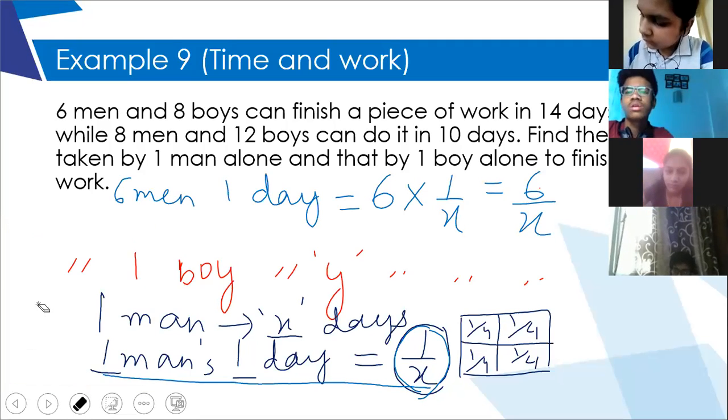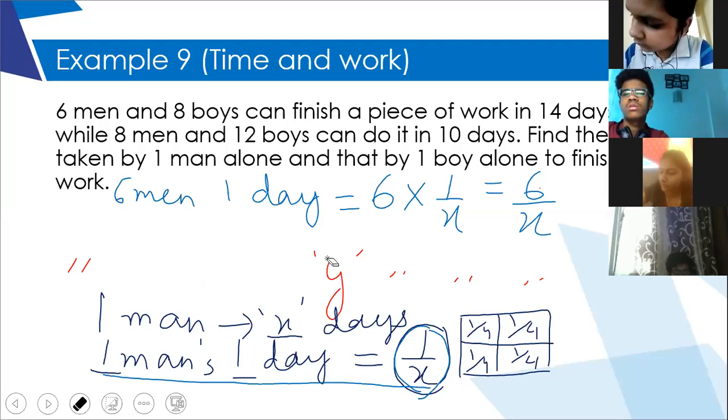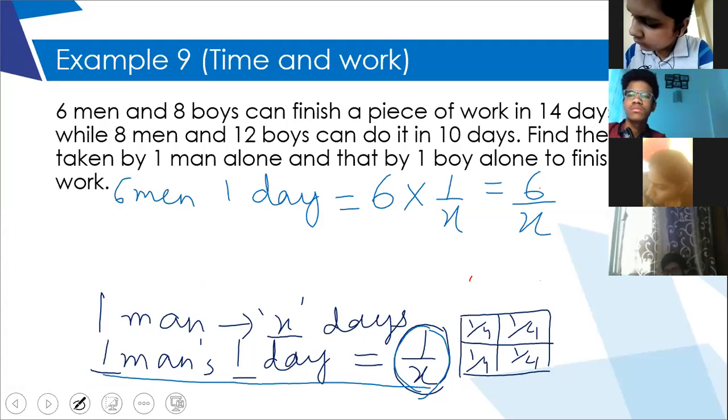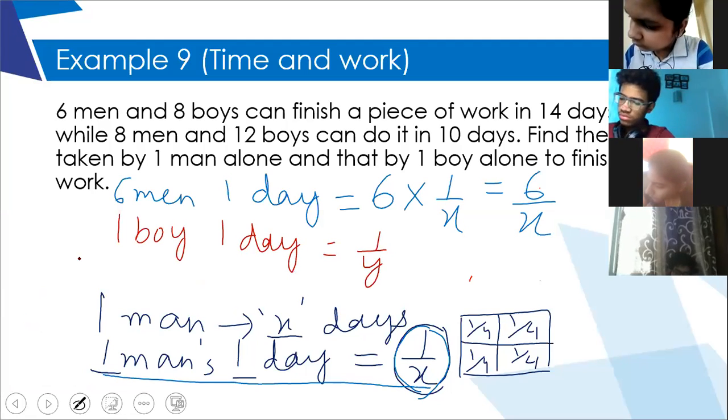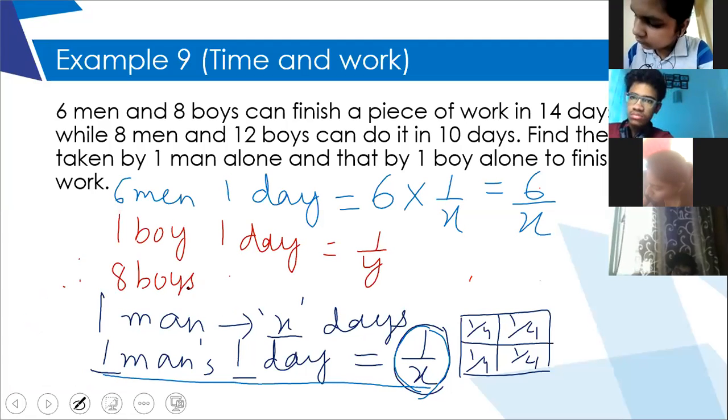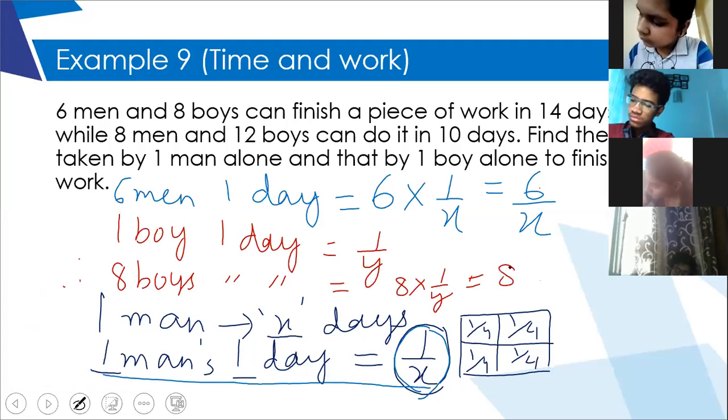If only one boy was there and his one day work was how much? So that will be 1/y for one boy. Therefore, 8 boys, one day work: 8 into 1/y, which is 8/y.